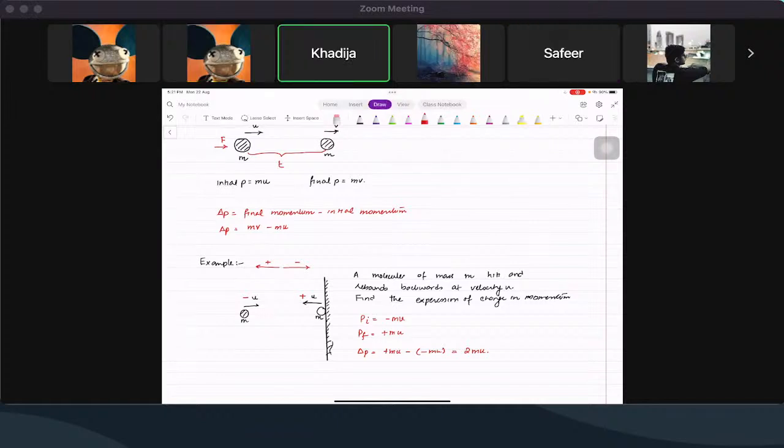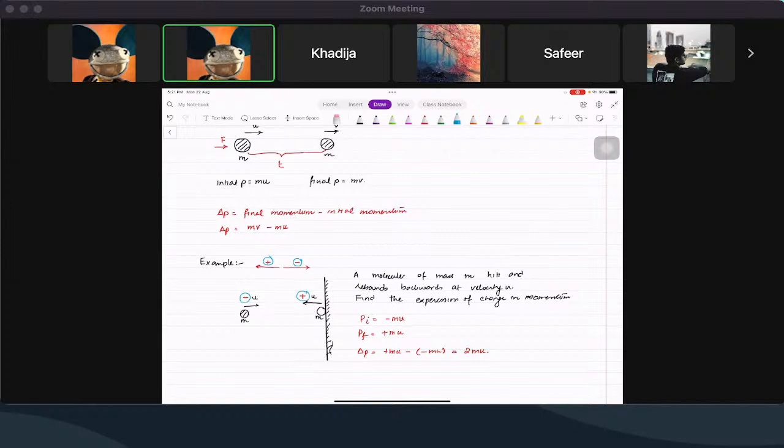Yes, sir. Can you repeat? Whenever we're dealing with vector quantities, I told you that you have to take a direction. If I take right side as negative, the left side has to be positive because it rebounds. So if it was going towards right, I took it as negative, then when it rebounds, the direction will be positive.